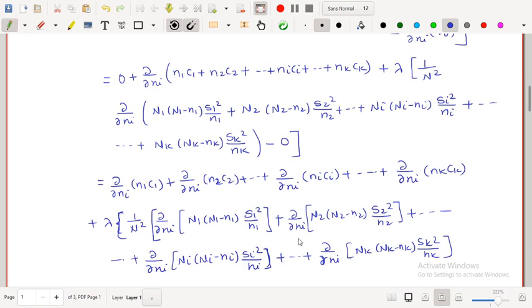So this bracket is going to close here and this bracket is going to close here.